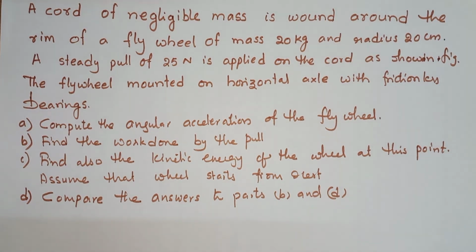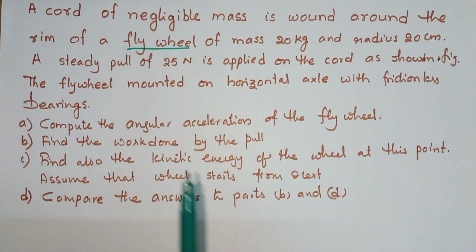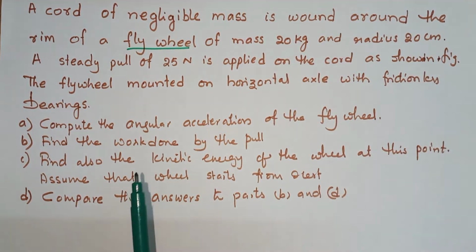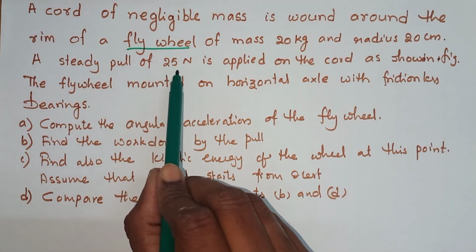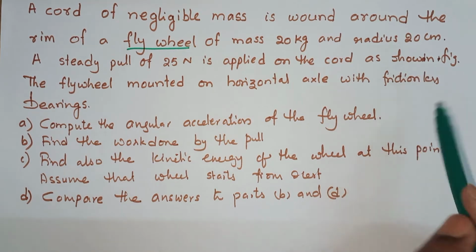A rope of negligible mass is wound around a flywheel of mass 20 kg and radius 20 centimeters. A steady pull of 25 newtons is applied to the cord as shown in the figure.